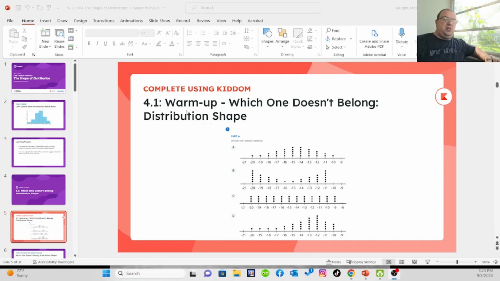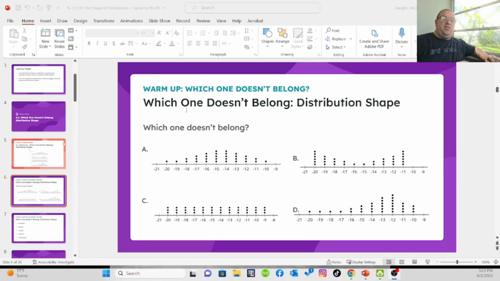As we look at it, they're going to give you 4 different dot plots, and they ask which one doesn't belong. Now, the key to this warm-up activity is that you could make an argument for every single one of these being the one that doesn't belong.